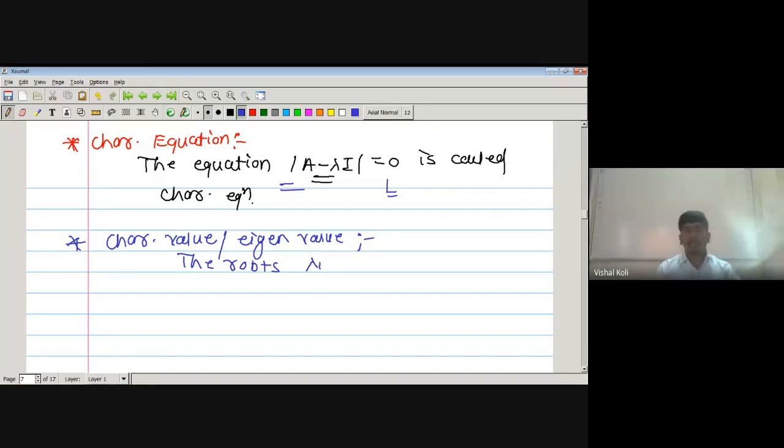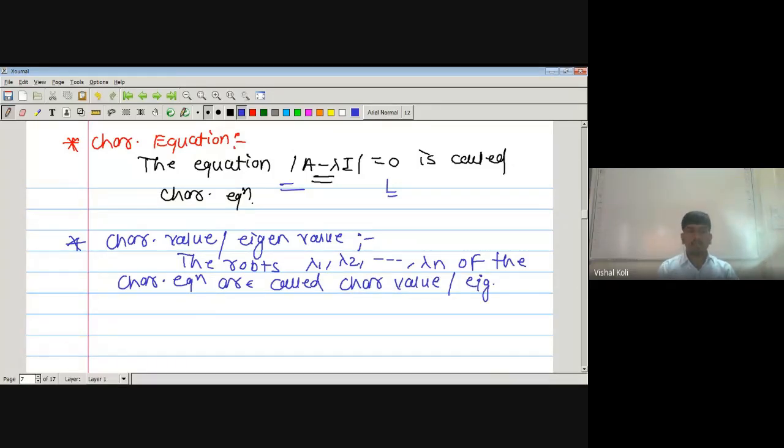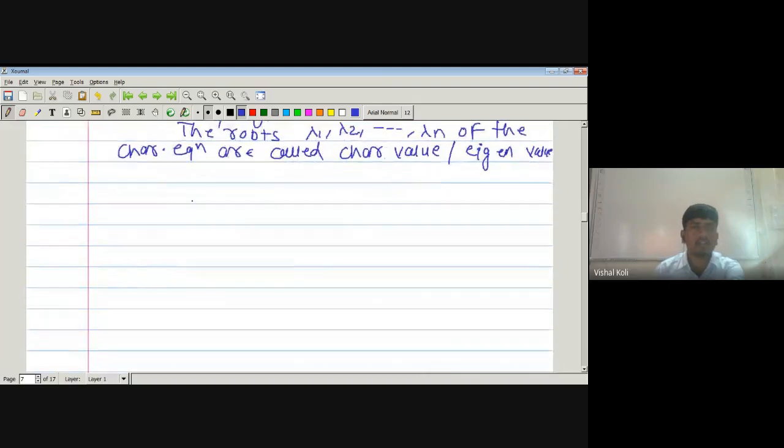The roots lambda 1, lambda 2, up to lambda n of the characteristic equation are called characteristic values or eigenvalues. So first we find the characteristic equation, then its roots are the characteristic roots. Now last will be the characteristic vector.